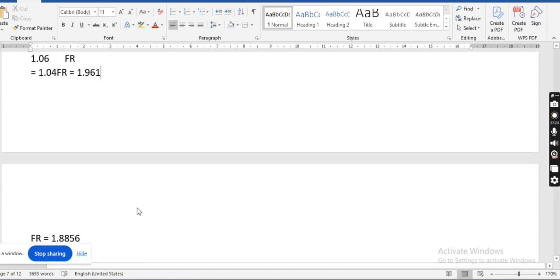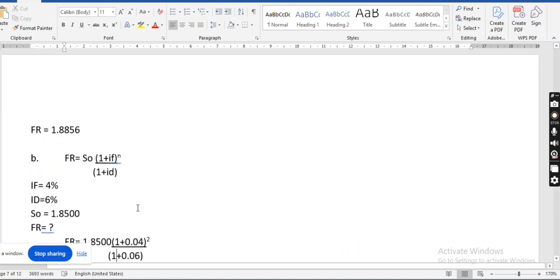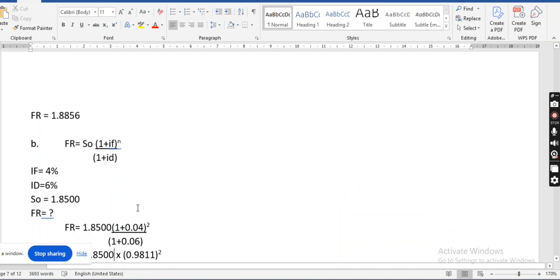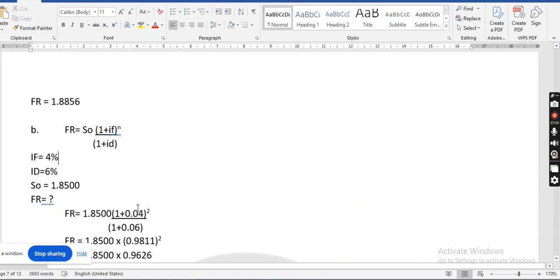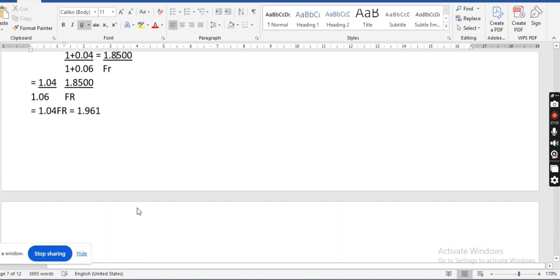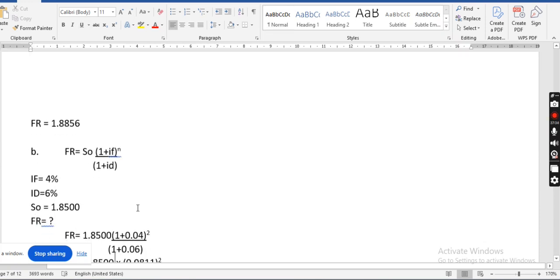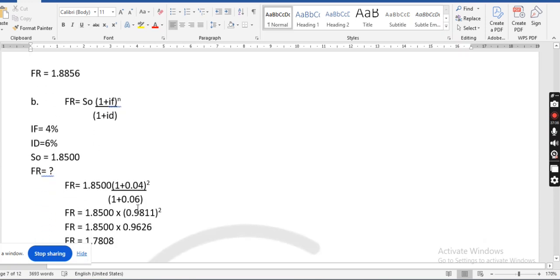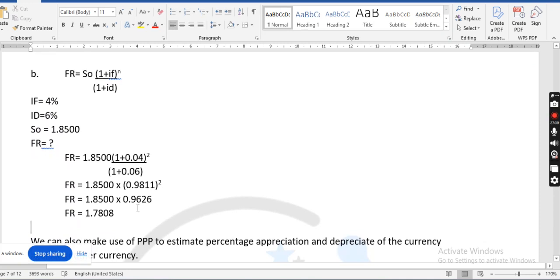Whichever way you want to use it to make things easy for you, use it. This is for 1 year, this is for 2 years. You can use this for 3 years, for 4 years. You have your forward rate for 2 years.